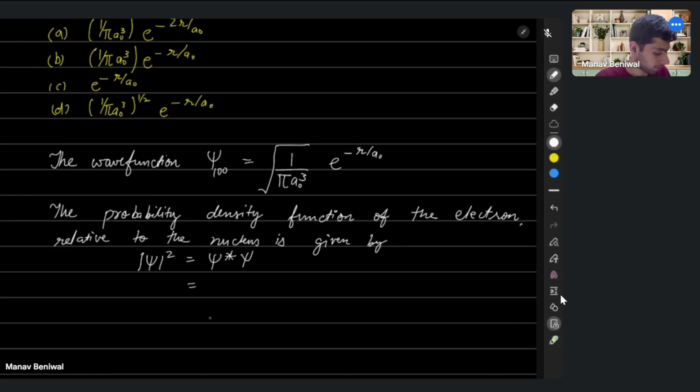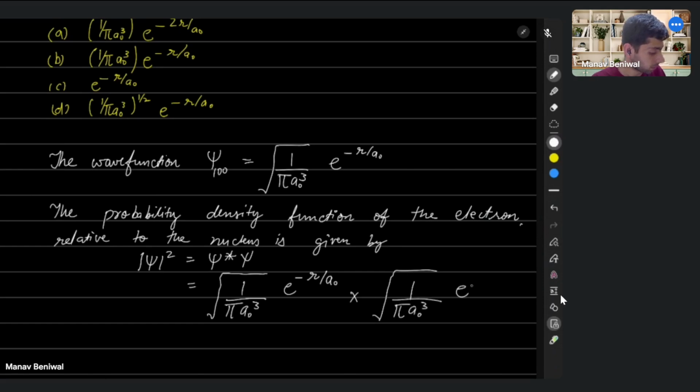This will become the square root of 1 over pi a naught cube e to the minus r by a naught, multiplied by the square root of 1 over pi a naught cube e to the minus r by a naught.